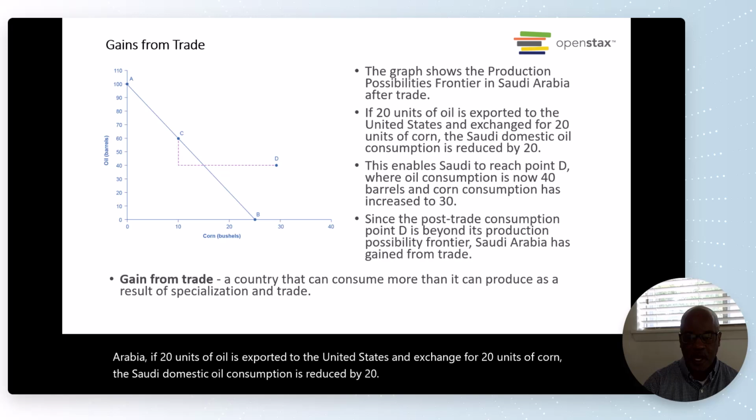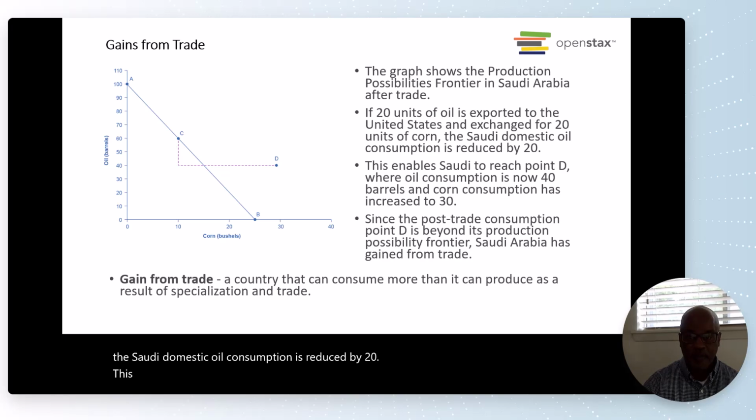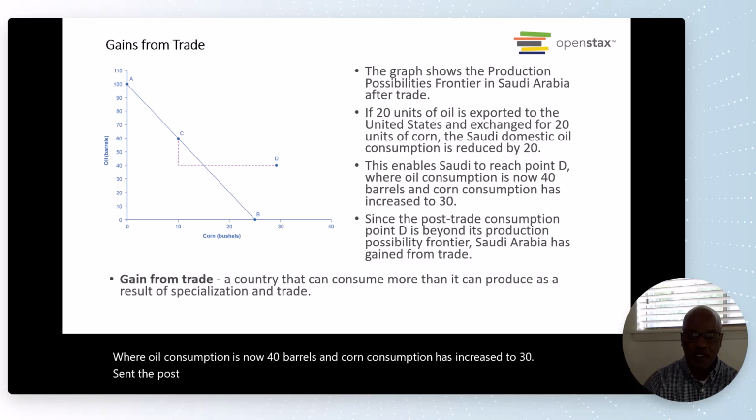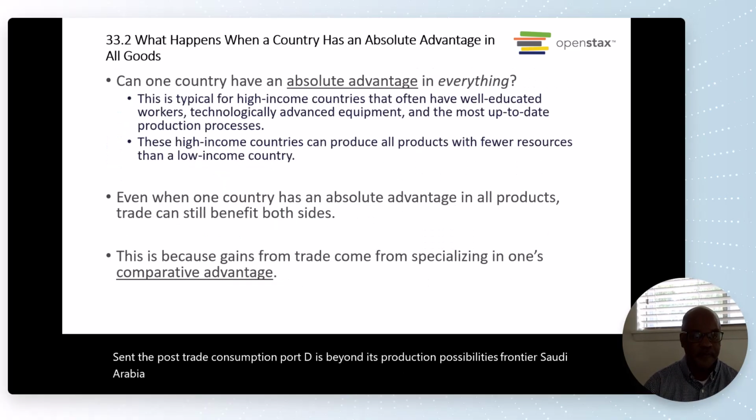This enables Saudi to reach point D, where oil consumption is now 40 barrels and corn consumption has increased to 30. Since the post-trade consumption point D is beyond its production possibilities frontier, Saudi Arabia gains from trade.